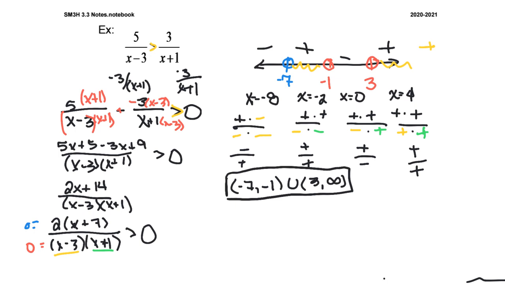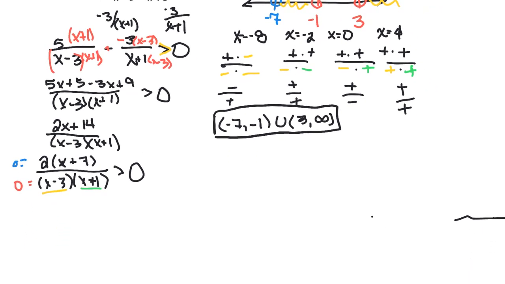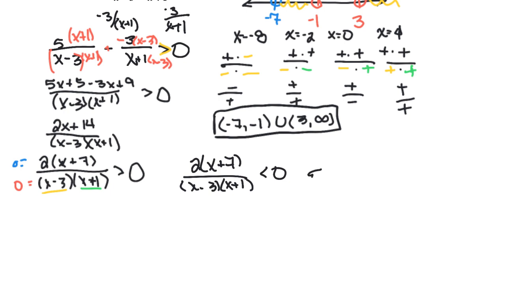Now, if this problem had been slightly different, say it was those same values, I'm just going to rewrite the factored form because that's the one I can see easily. But then instead I want less than 0. Well, I already have all that information from the number line.